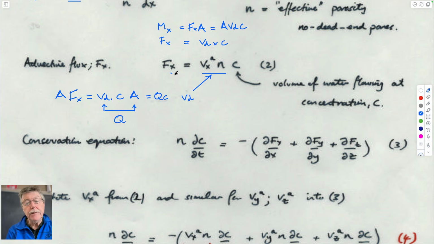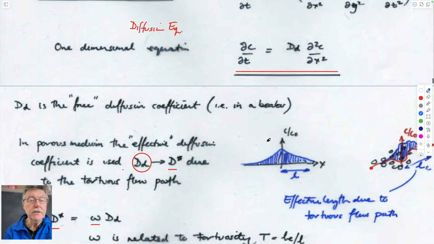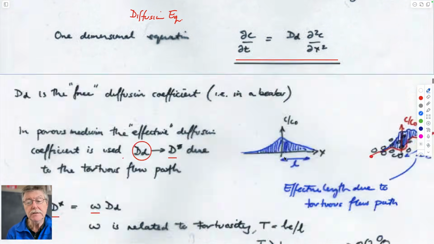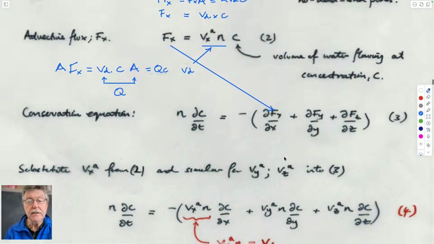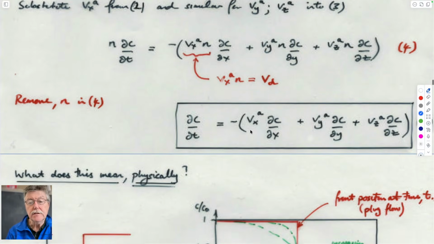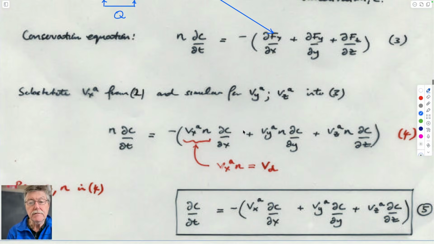If we take this and throw it back into our conservation equation, remember we said that conservation equation for flow we could write in terms of mass flow rates of liquid or mass dissolved solute. We chose to do the latter and did this substitution. So we'll do exactly the same here. Throw it in, move it around, and we get a new term. All that matters is this final term at the bottom.